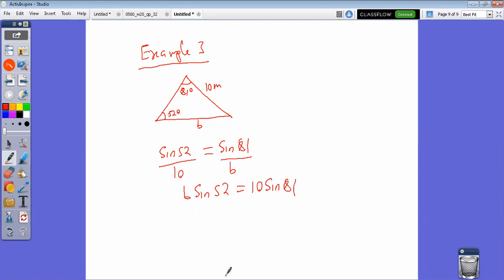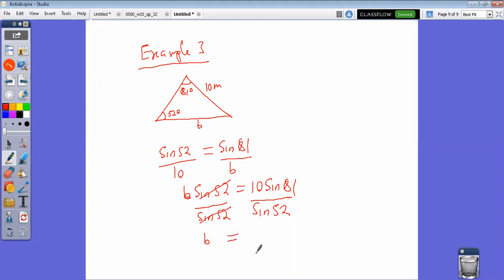Directly divide both sides by sine 52, because what you want is B. You're almost done. Then you're done, because that cancels.